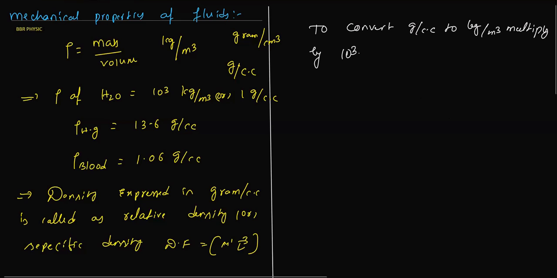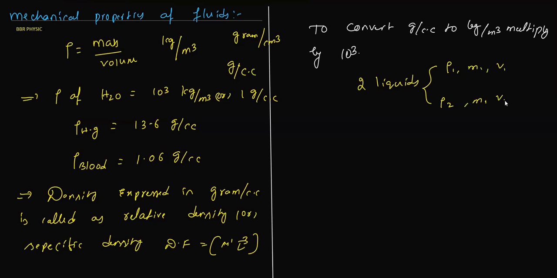Fine. So let me discuss numericals. We have two liquids. In these two liquids, the first liquid has density ρ1, mass m1, volume v1. The second liquid has density ρ2, mass m2, volume v2. First I am considering case 1.